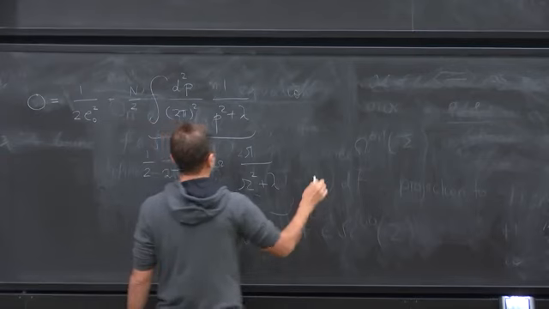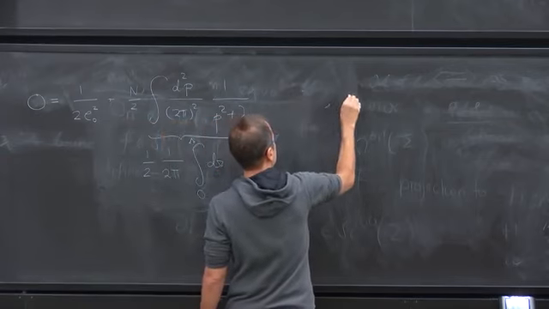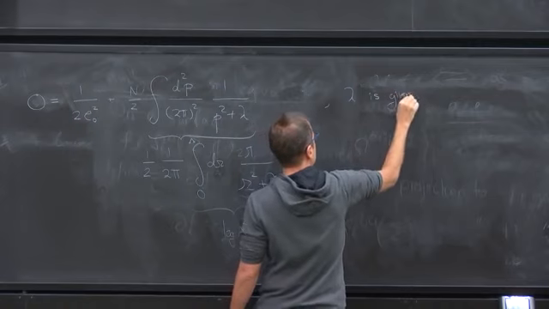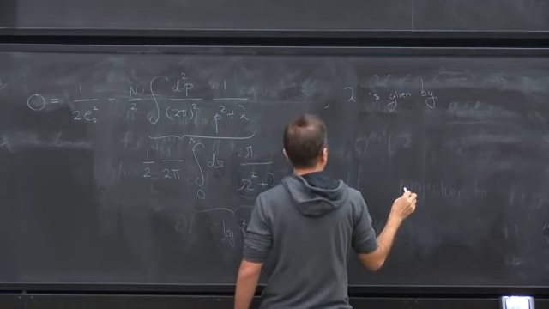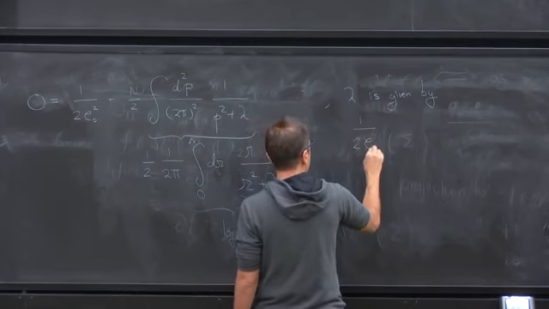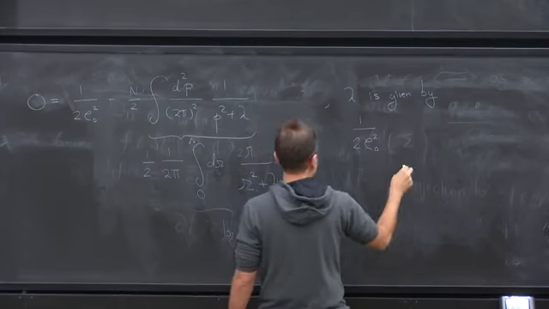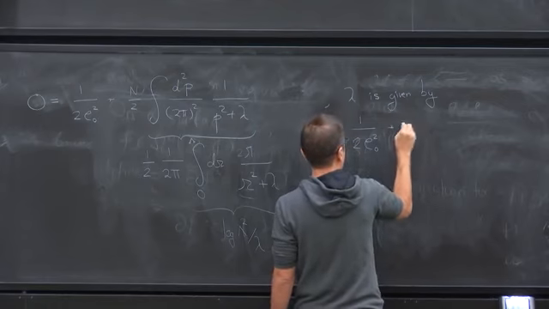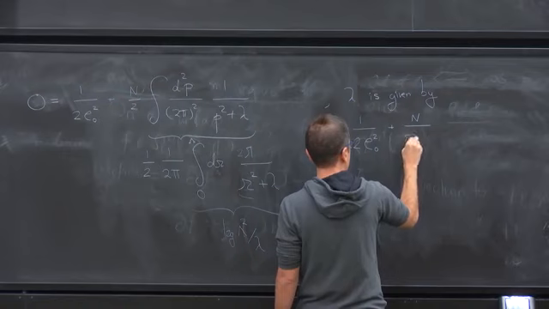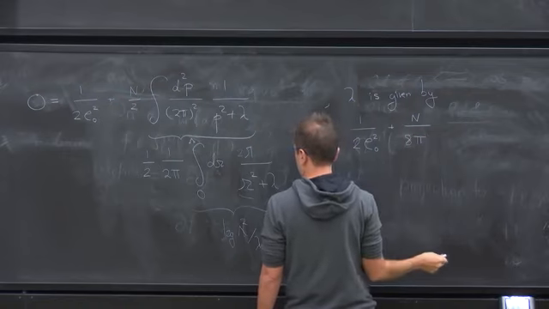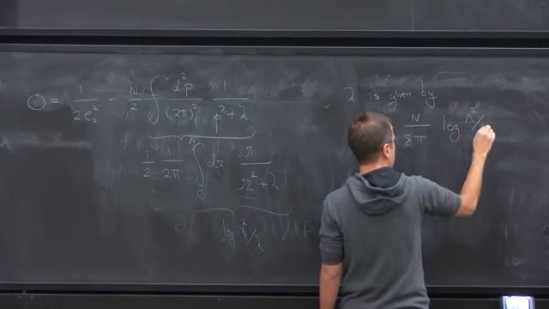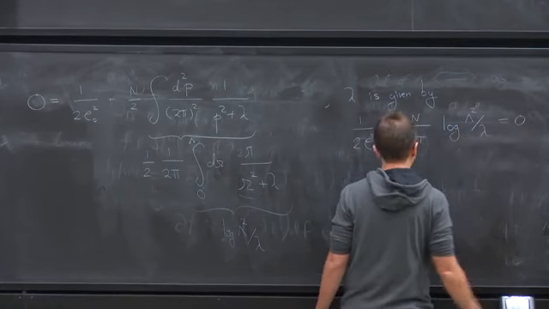And therefore, we conclude that lambda is given, at a saddle point, by the solution to the equation. Let's write it. 1 over 2 E0 square plus n over 8 pi logarithm of capital lambda square over lambda equal to 0.